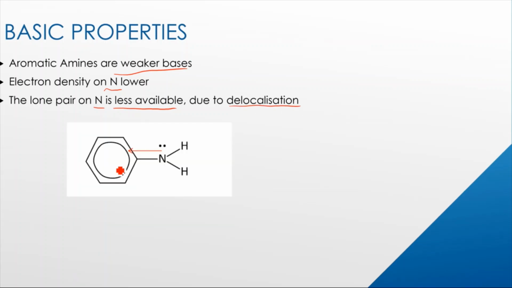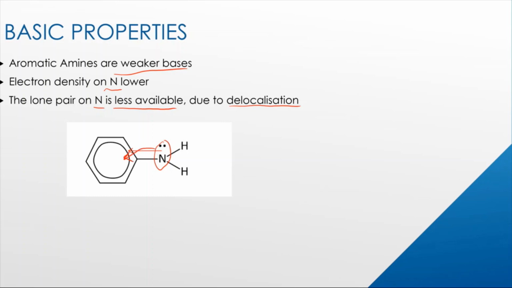But this is a phenylamine. So phenylamine would be a weaker base than the aliphatic amines. Now this is simply because the lone pair on the nitrogen, as we can see here, becomes part of the delocalized system.